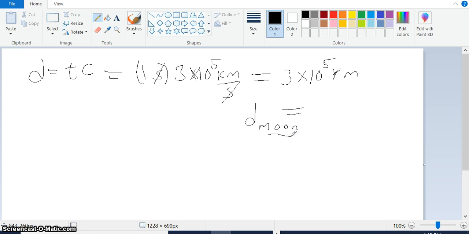That's just to indicate that the distance to the moon is roughly 384,000 kilometers. So when we compare 384,000 to 3 times 10 to the 5th, it's 300,000 kilometers. So it's almost all the way to the moon. That was problem 1.